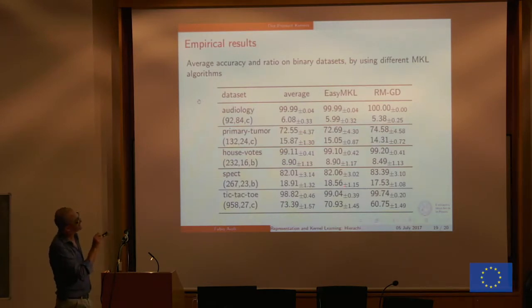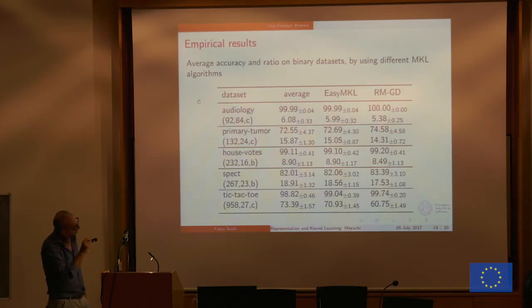Okay, but EasyMKL, which is a margin maximization optimization algorithm, is able to perform generally better than just taking the average. But here you can also see the ratio that you obtain when different algorithms have been used.